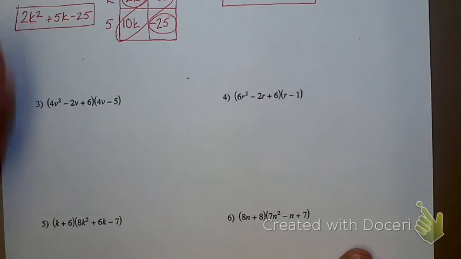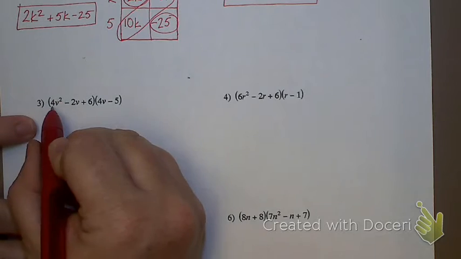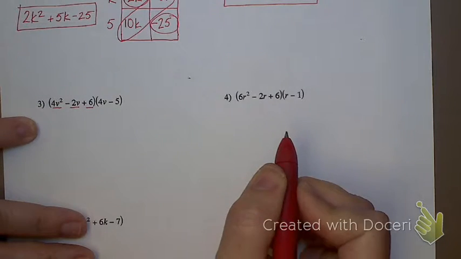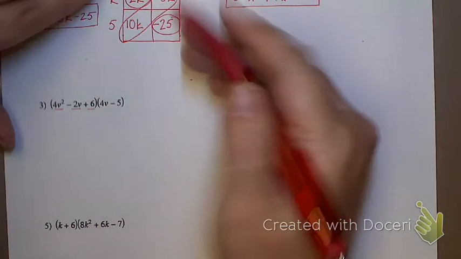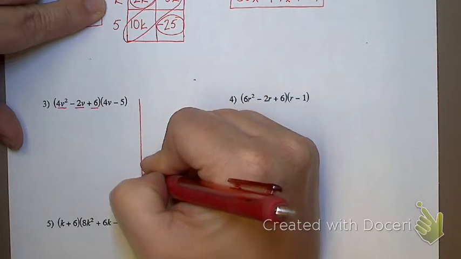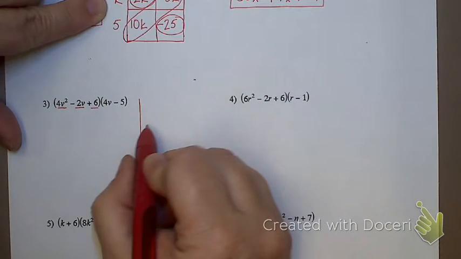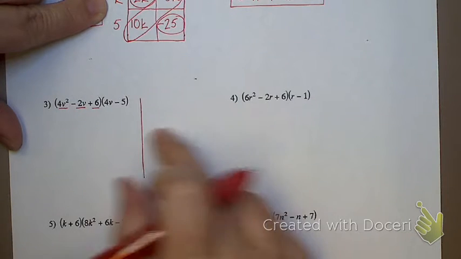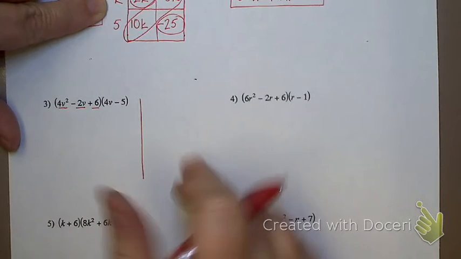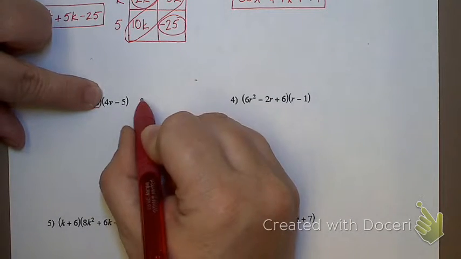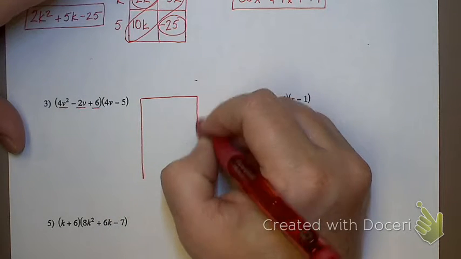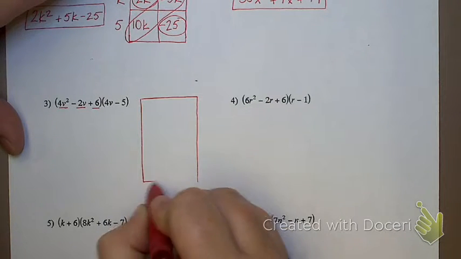All right, now let's get into larger ones. This one I have 3 terms in that first parentheses. So I need my box to be a bit taller so that I have 3 rows going across that box. How many do I need across the top? I just need 2. So I'm going to have something that's a little bit taller than it is wide.